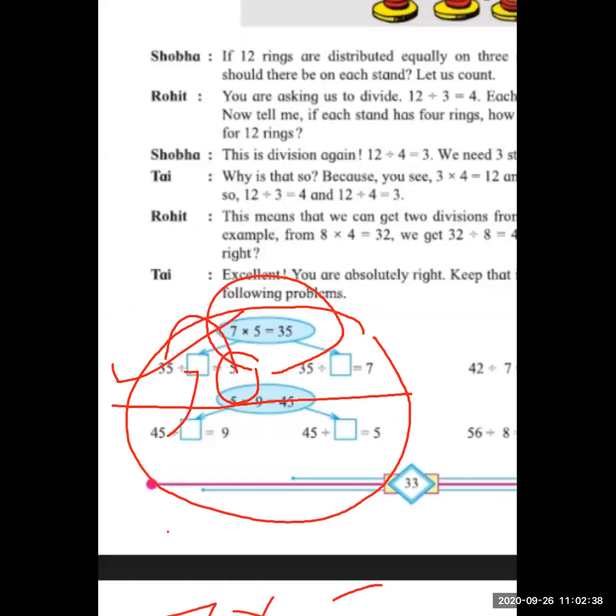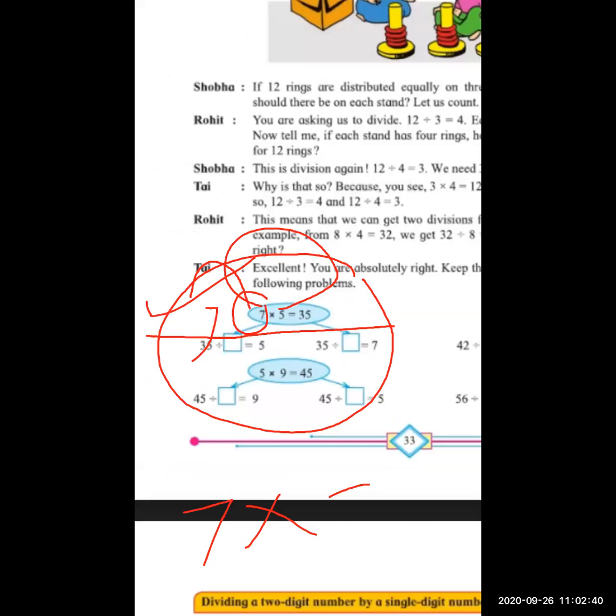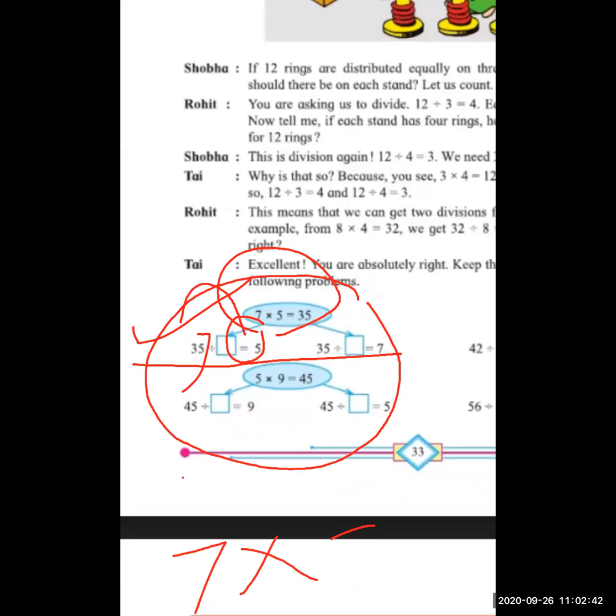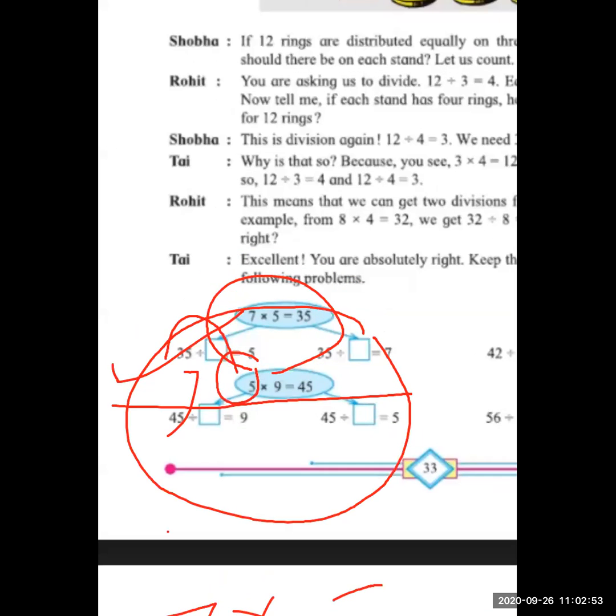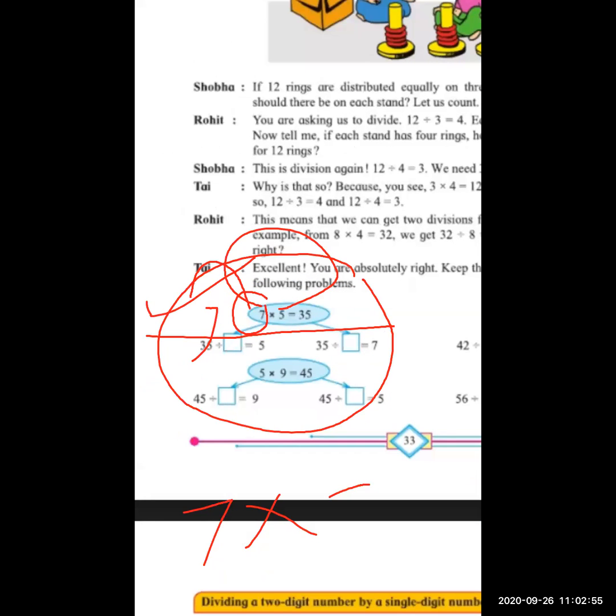The answer is same, equal to 35. Till here everyone clear how we are going to take out the multiplication in a division sum? Yes. Now the next sum is 45 divided by 9.